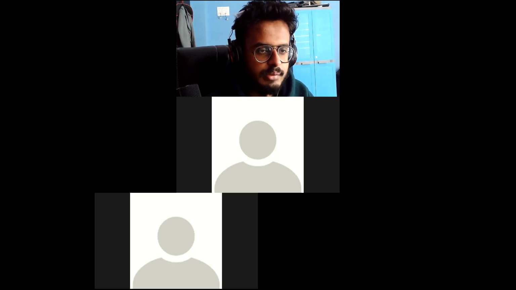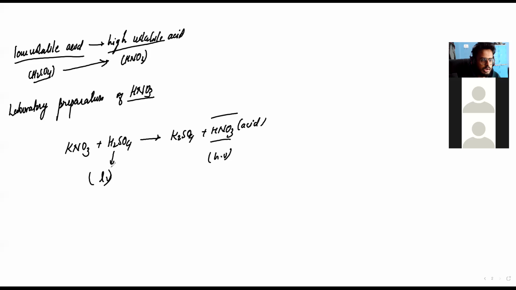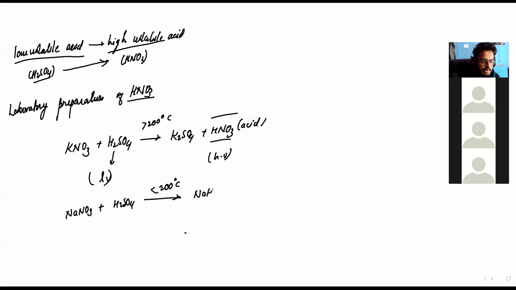So the reaction went something like this. And there is another reaction, NaNO3 plus H2SO4, a similar kind of reaction, but this is less than 200 degrees Celsius. You get NaHSO4 plus HNO3.